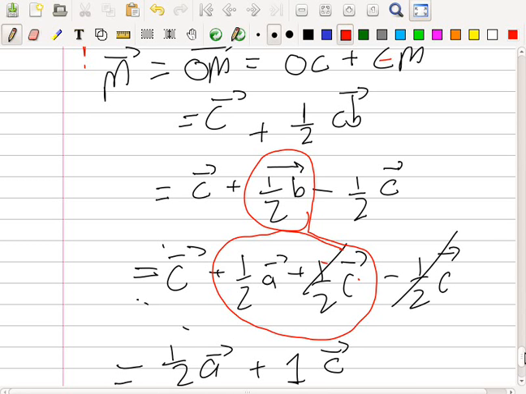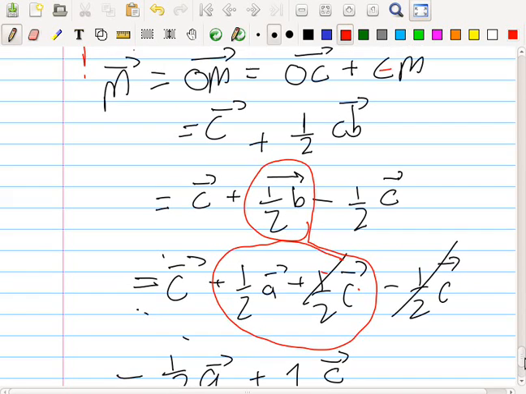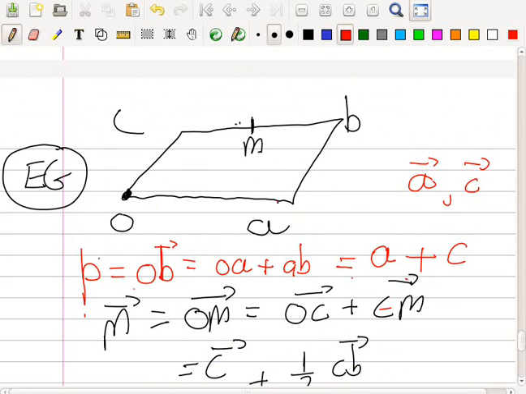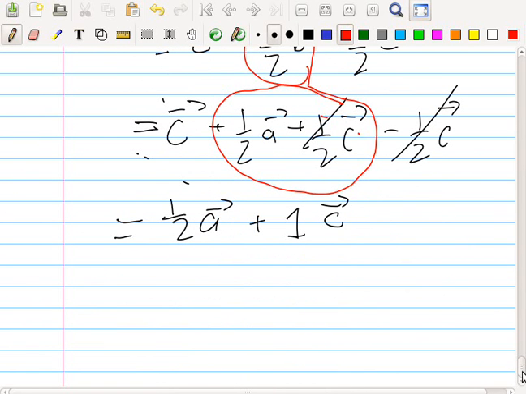Alright, so I'm going to use the same graph, but I'm going to use AM next. So if we look at the graph now, I want to get AM, A to M. So we'll try and do this one together. Do you all have the graph in front of you there?